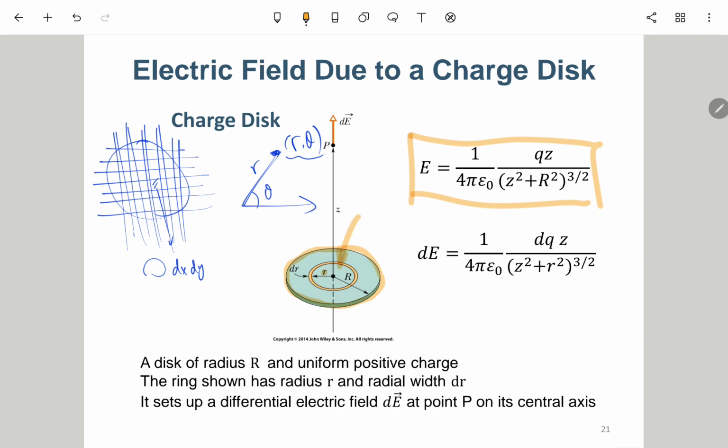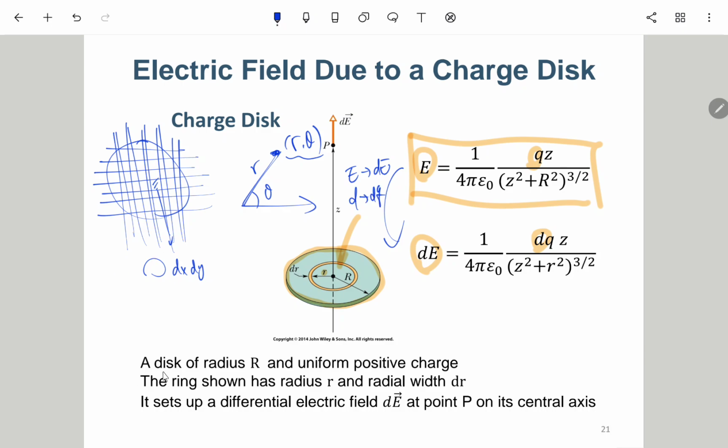So here we try to rewrite this E into dE and this Q into dQ, and the other stuff remains.